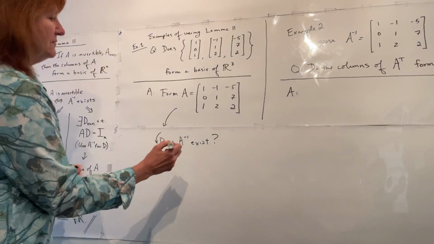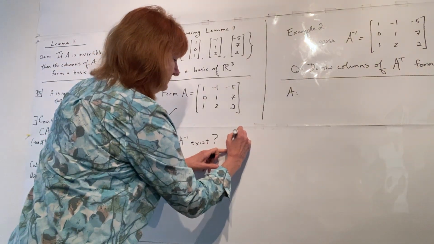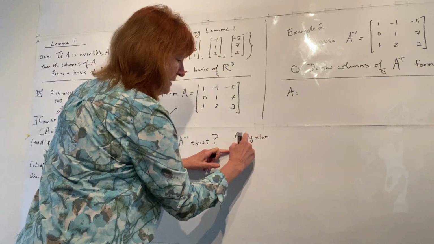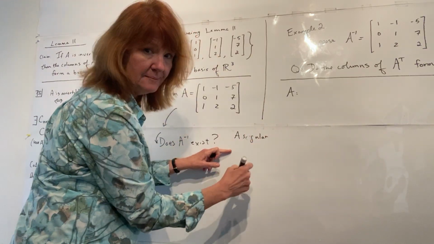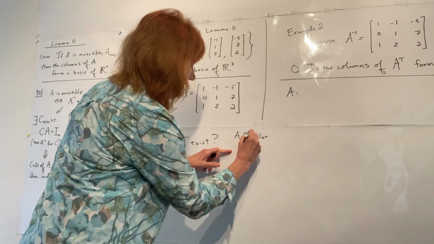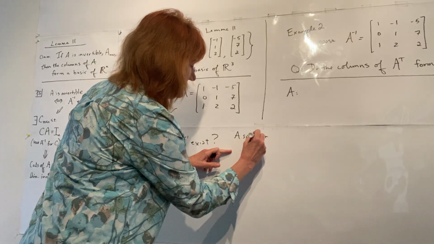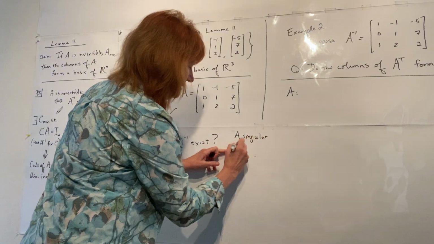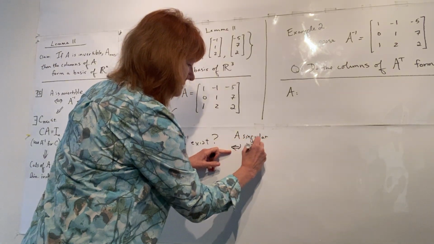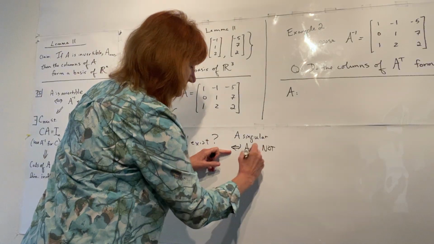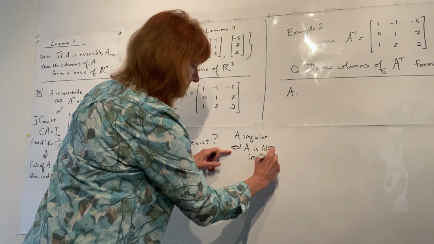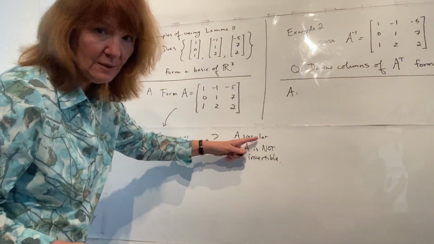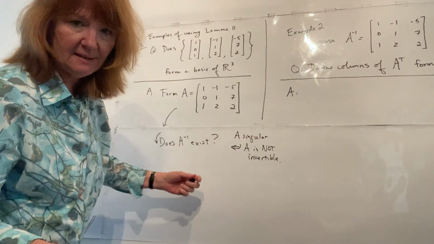So that's a little bit of vocabulary. A being a singular matrix, that's a very old-fashioned way of saying kind of weird. If it's a singular matrix, then it's not invertible. Okay. So when your calculator is saying the matrix is singular, it's saying it's not invertible.